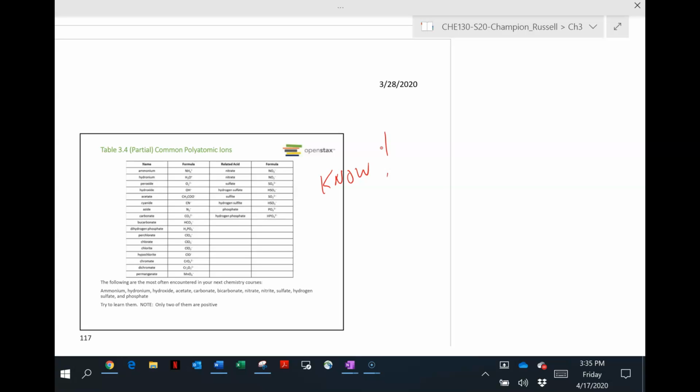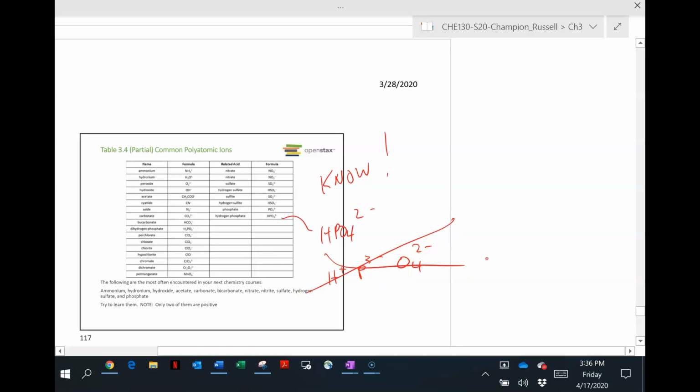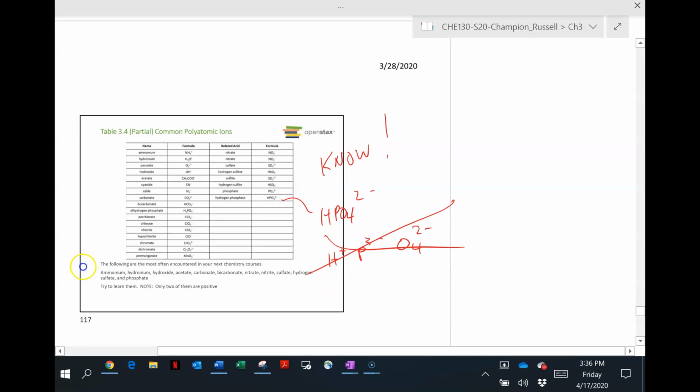For example, if many students encounter something like this hydrogen phosphate ion, HPO4 2-, in a compound, I'll see oftentimes students say, well, it's H+, it's P3-, it's O4 -2, something like that, and that's wrong. That's not how that behaves. It's a polyatomic ion. All those things are stuck together with covalent bonds, but the whole thing has a charge on it, so it's ionic.